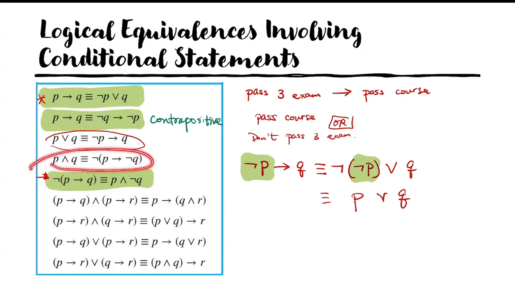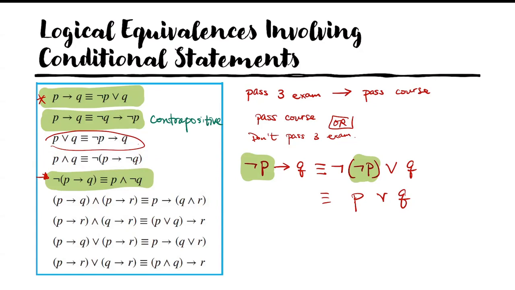Now to negate it, you have P and Q. So P and Q is the same as saying P implies not Q. So if P does not imply not Q, what will happen?